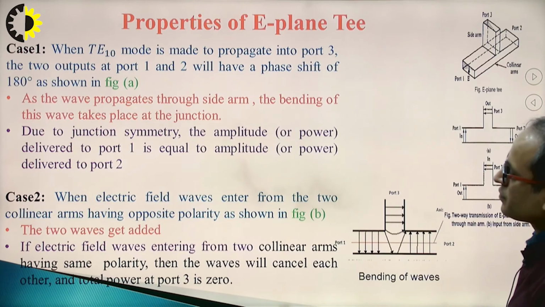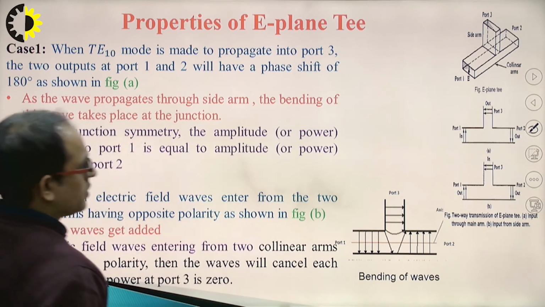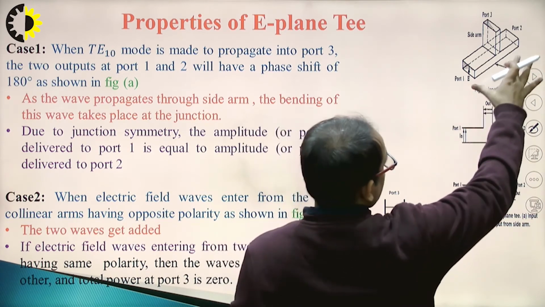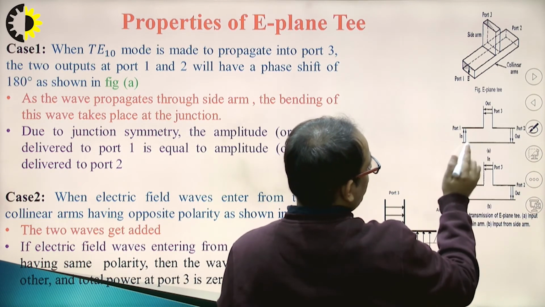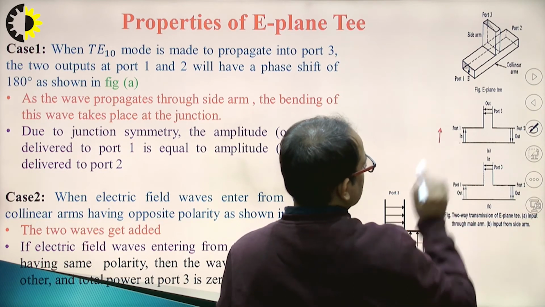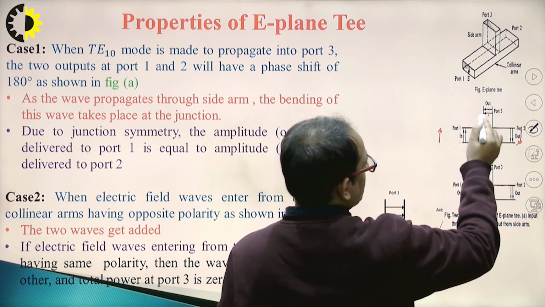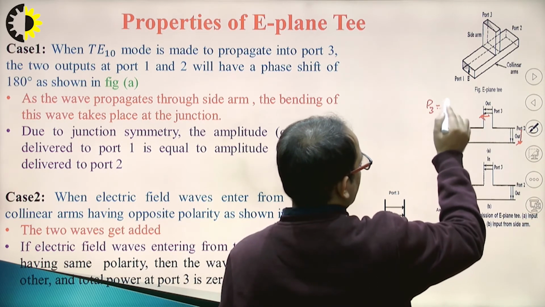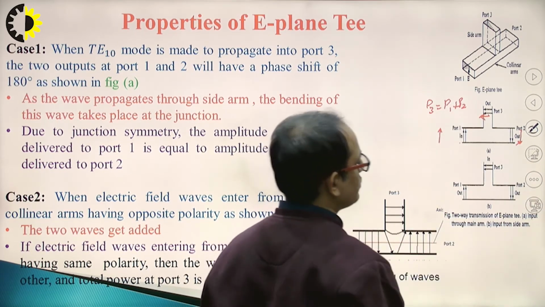Clear? Now see, this is the E-plane T. If port number 1 has this input and port number 2 has this input, the output will be in this phase, because the output at P3 will be equal to what? P1 plus P2. Clear?